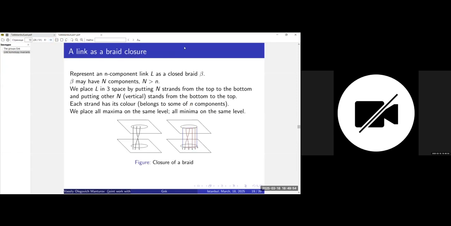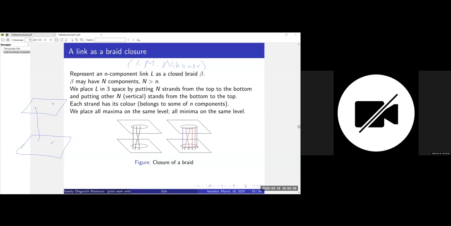So here one problem comes into play. Links are somehow better than knots because of the following reasons. This is a joint work with Igor Nikonov. No, links are better than knots in the following sense. We have numbers which are given from the very beginning.